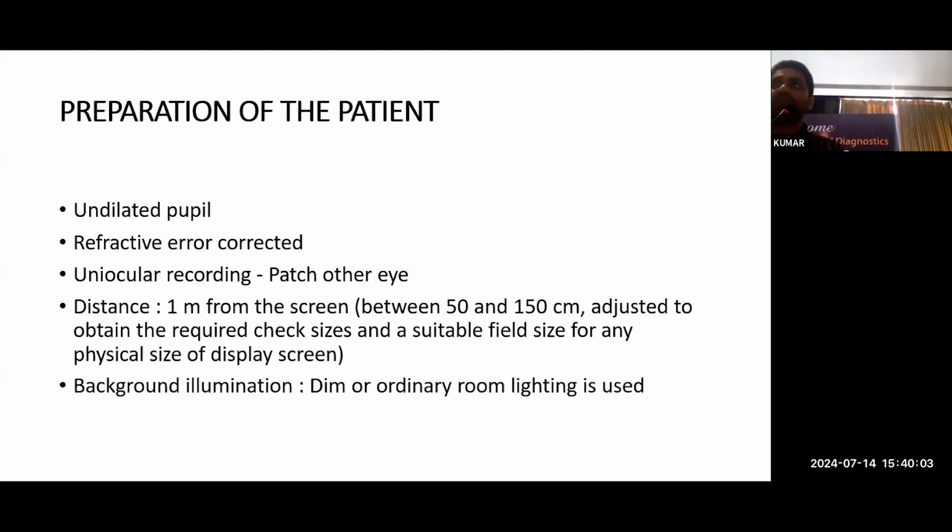So how do you perform a VEP? The patient is made to sit about 1 meter from the stimulus presentation, which could be a Ganzfeld dome or a monitor, in a dimly lit room. Each eye would be tested separately. The pupil should be in an undilated state and refractive error corrected.